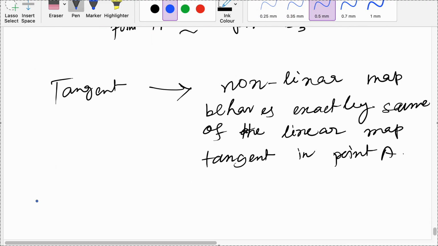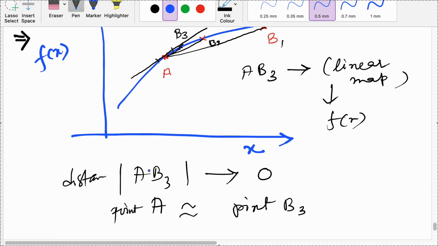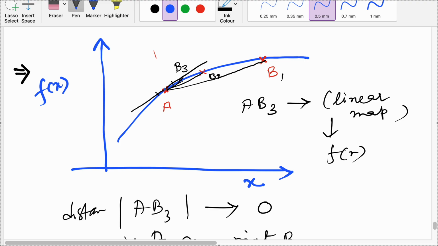write the equation of the tangent. So you see here, suppose this point is P and this point is X, and if I give you X, what is Y? Suppose this is Y, the equation of the tangent.